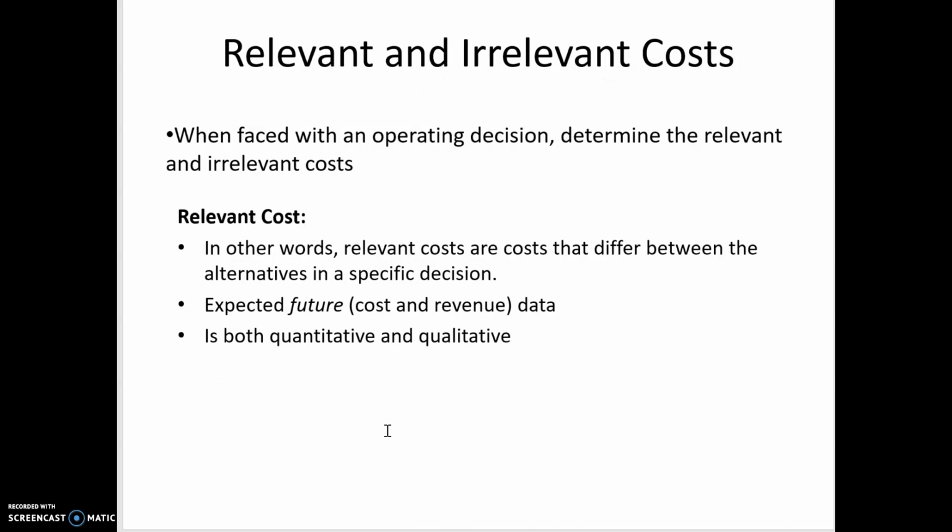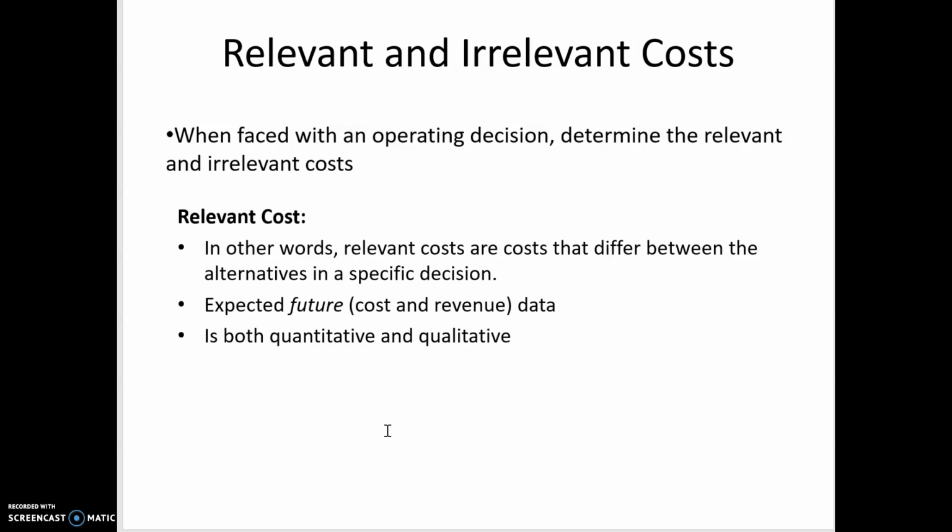So we need to distinguish between relevant and irrelevant costs. A relevant cost is a cost that's going to be different between two of the alternatives that we're evaluating. If we're going to incur the cost whether or not we go with the course of action, it doesn't matter, right?